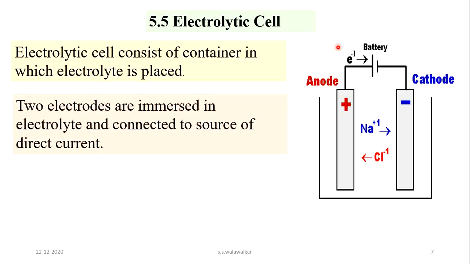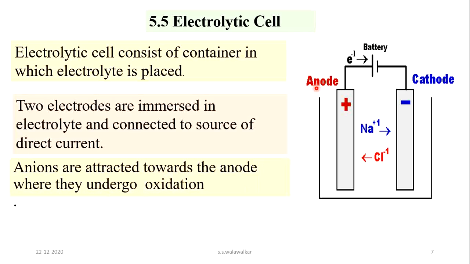The electrode connected to the positive terminal of the battery is called the anode, and the electrode connected to the negative terminal of the battery is called the cathode in an electrolytic cell.